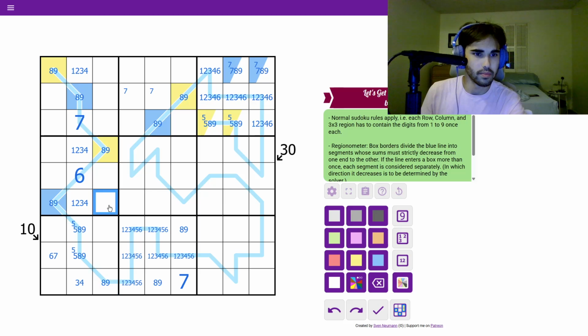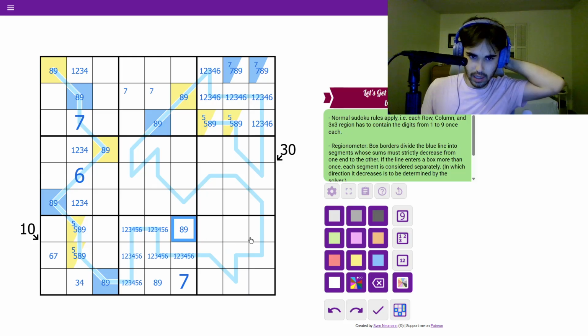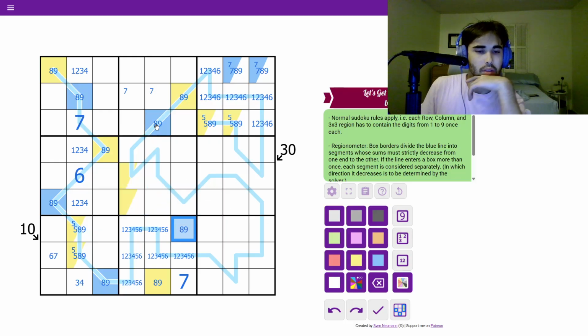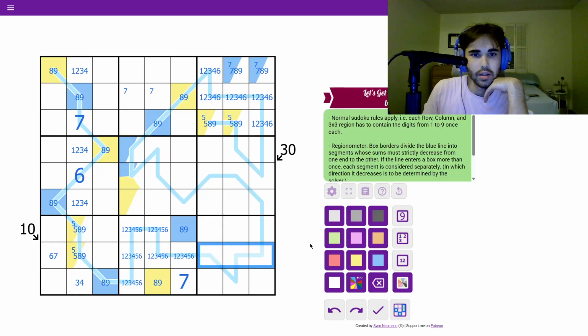Oh, no, this is blue. Yellow's in one of these 2. That's blue. That's yellow. So yellow's going to be in one of those 2. Blue is going to be in one of those 2. Blue's in one of those 3.